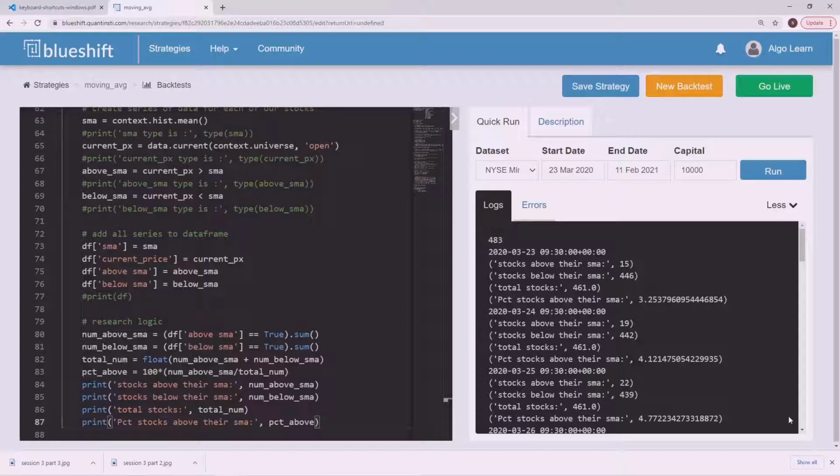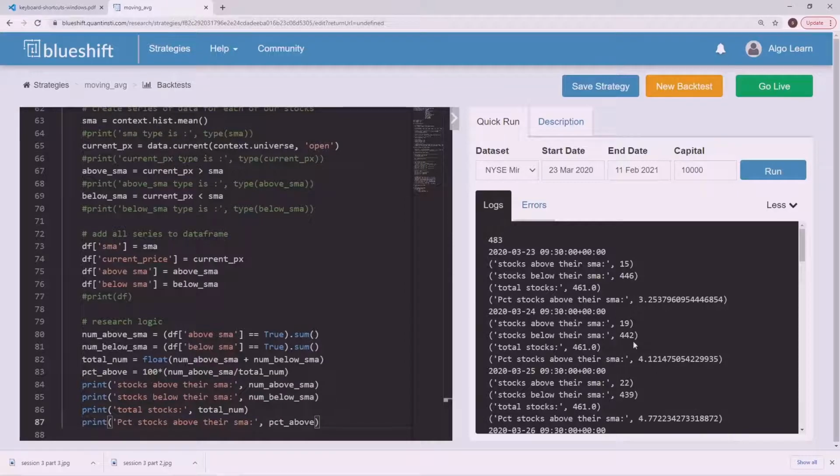So there's 22 stocks that aren't in our current universe, that weren't part of the index back then on March 23rd, 2020. Think like Tesla. So anyway, 3.25%.